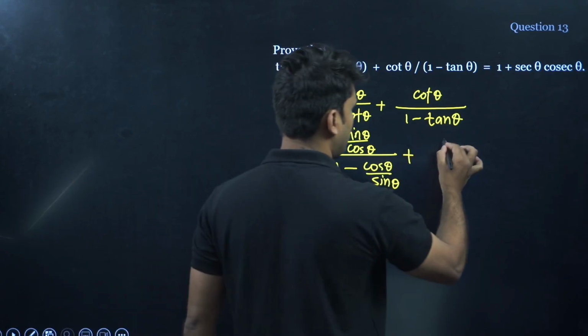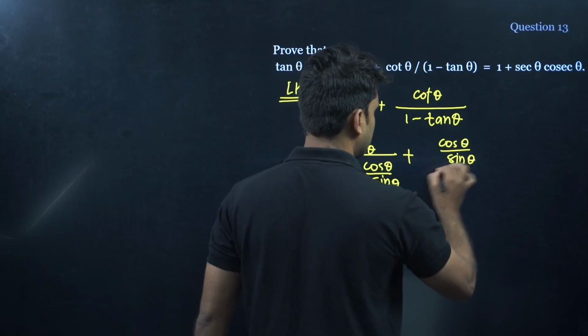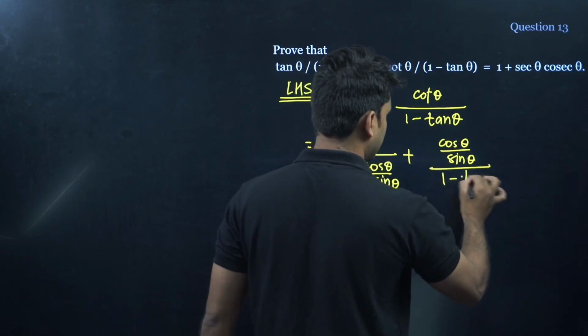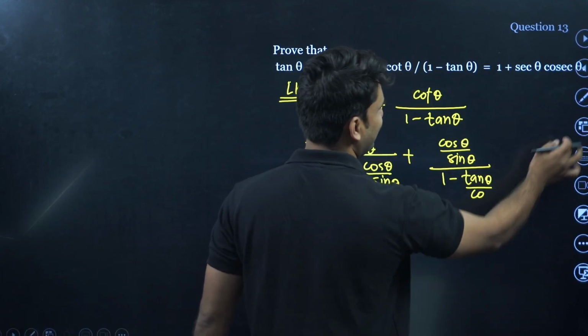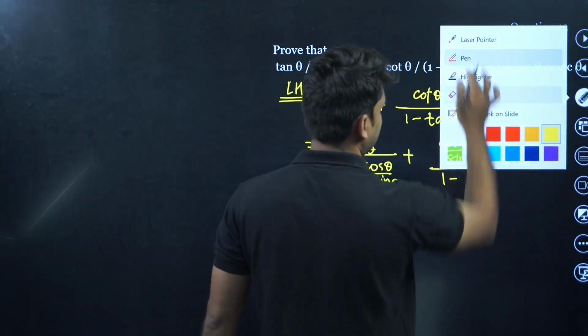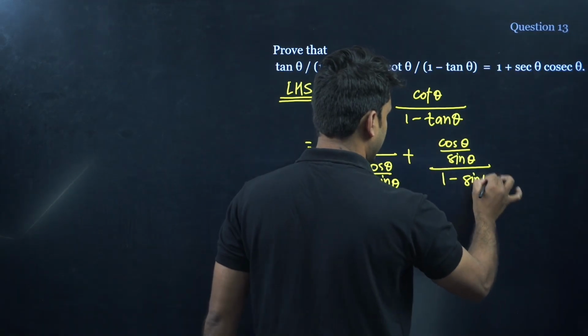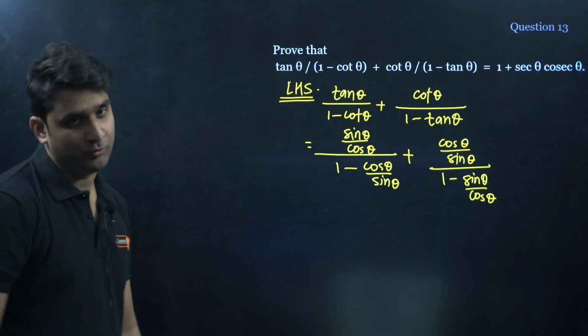Plus, again here cot theta can be written as cos theta by sin theta, and here 1 minus tan theta, where tan theta means sin by cos. Clear, everyone? Any problem to anyone? No problem, sir.